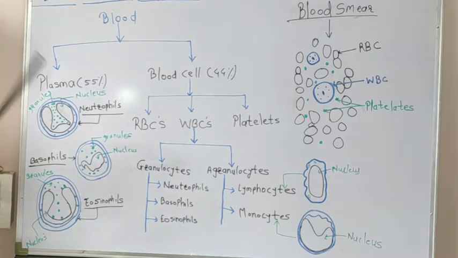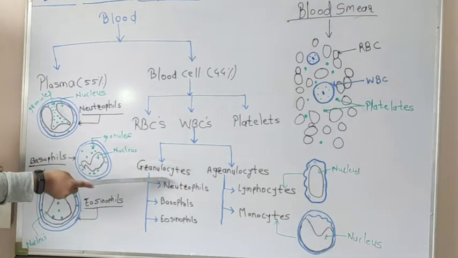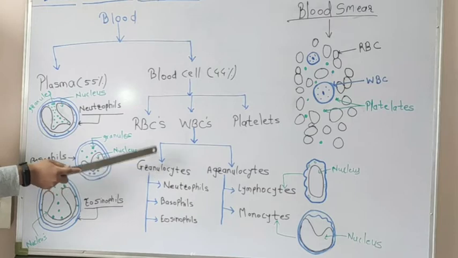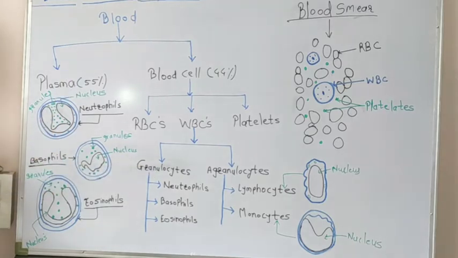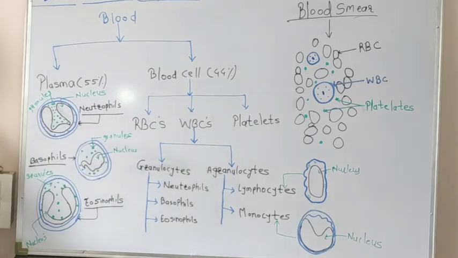That means a nucleus is present in WBCs, and WBCs are divided into two types, granulocytes and agranulocytes. The basic difference is that in granulocytes granules are present, and in agranulocytes granules are not present.